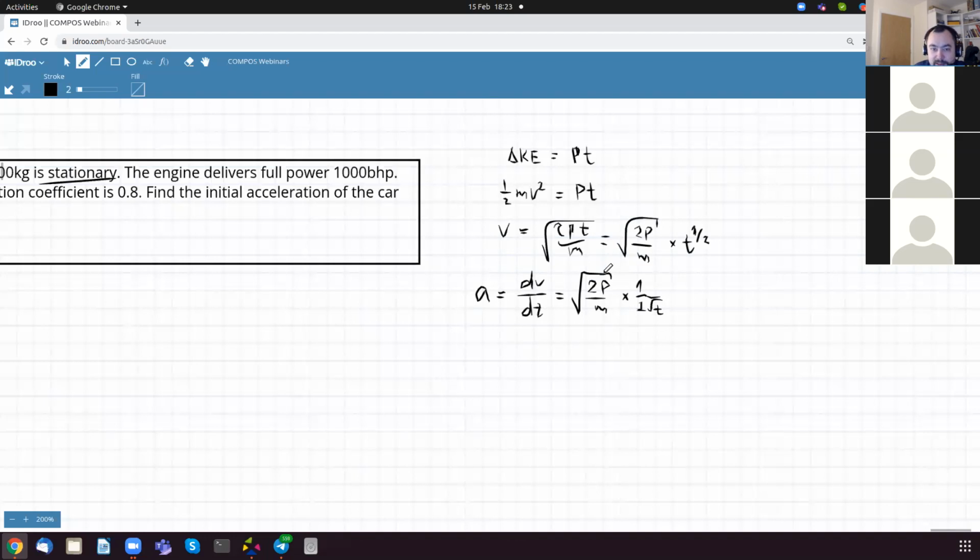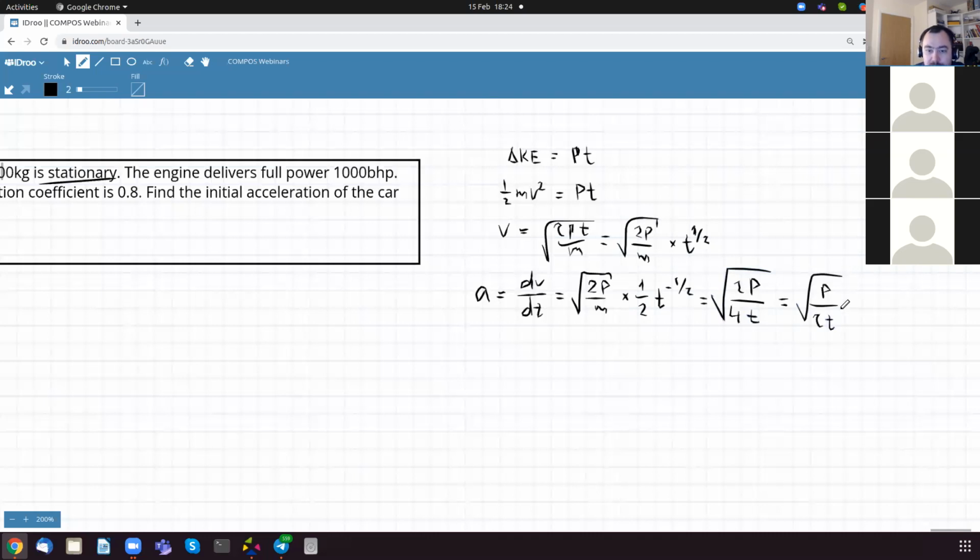This is a constant, and the derivative of t to the power 1/2 is 1/2 t to the power minus 1/2, which can be simplified as 2P divided by 4t, which is the square root of P over 2t.